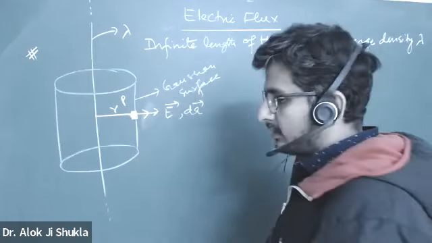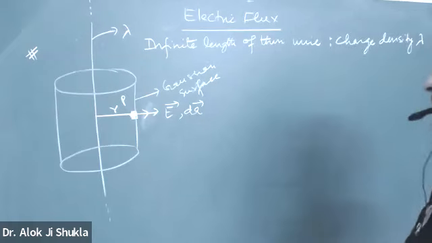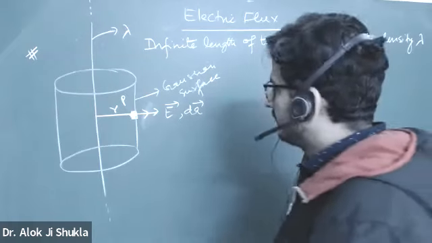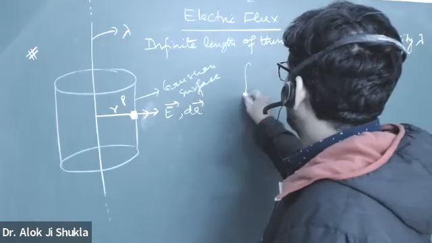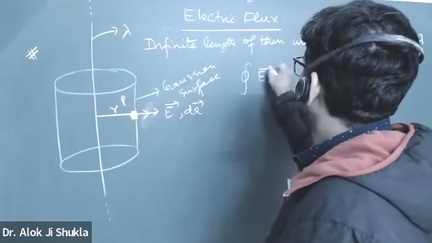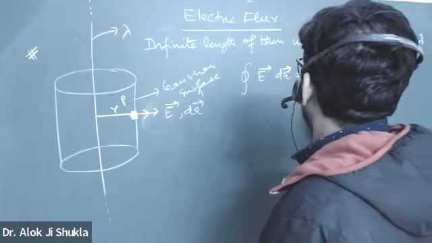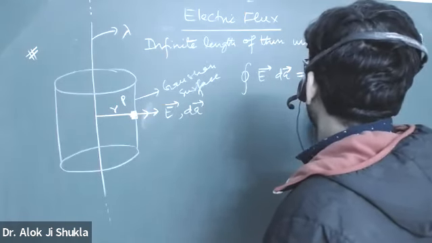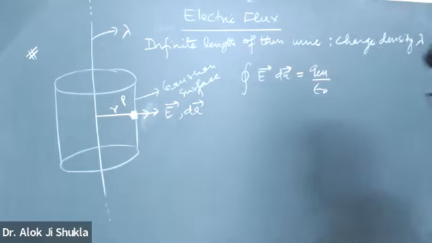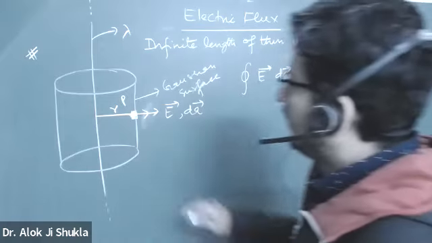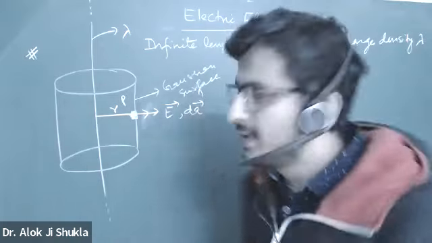So let us apply Gauss theorem. Closed integral E dot dA is equal to Q enclosed over epsilon naught. Now this Gaussian surface should be a closed surface.